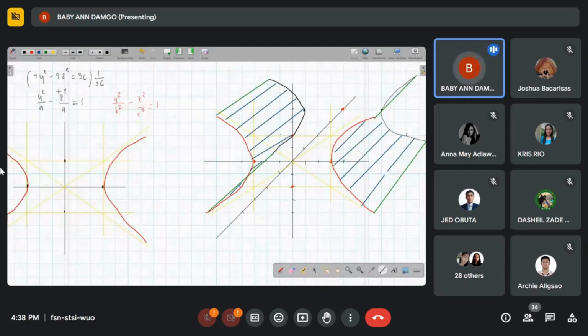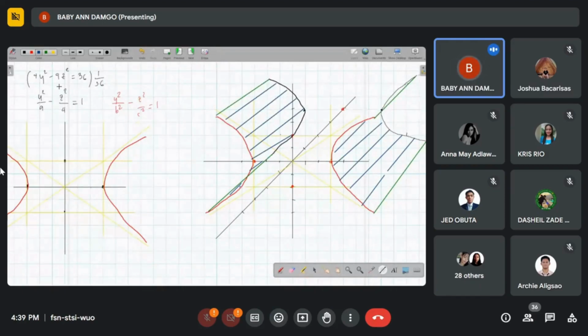If ang wala nga variable is x, adto ka mag-create og like the same graph niya, so we have hyperbola. So nag-create tag another hyperbola and then connect. Okay? And then we will create a line parallel to the x-axis, in which ang wala diri nga variable. Okay? Question?